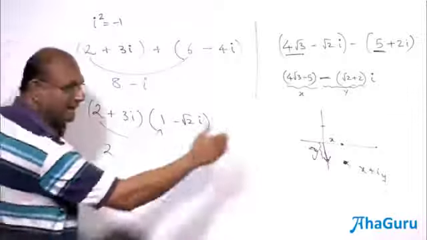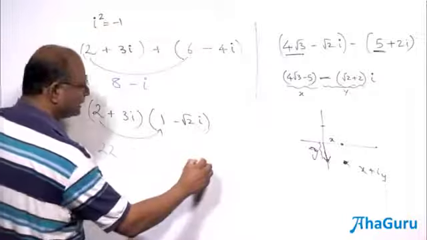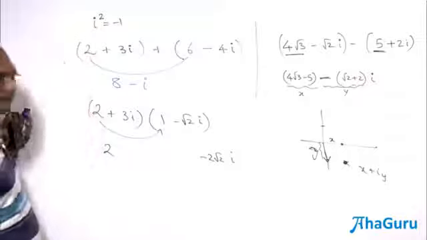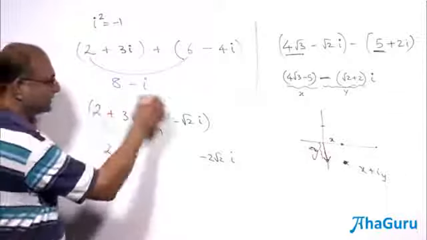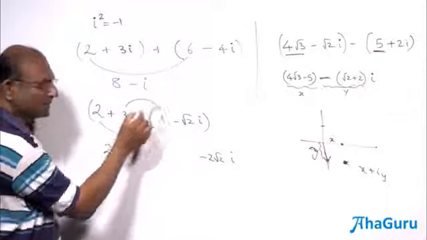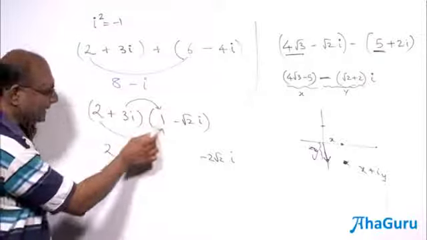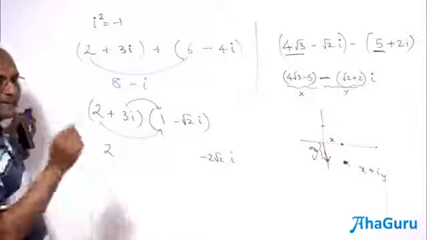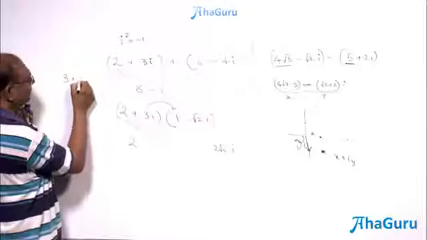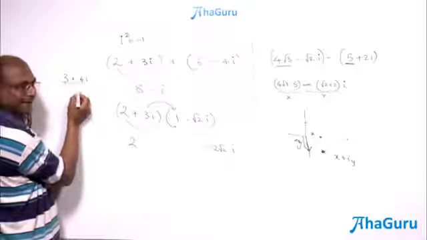I will keep it a little away because this is actually going to give me an imaginary quantity. So minus 2 root 2i. Okay, so I have now done that second step. Now the third step, which is this, again gives me an imaginary number, because this is imaginary, that is real. So the product of imaginary and real, in fact that's important to keep in mind. 3 times 1, this is imaginary, this is real, just multiply the real numbers.